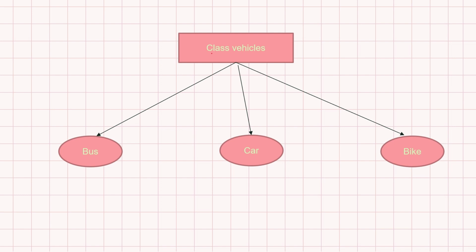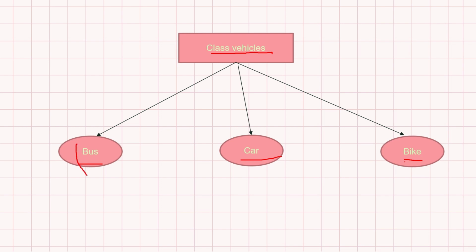For example, we have a class named vehicle. Obviously we have multiple types of vehicle: we have bus, car, and bike. These three classes carry similarities, the same properties, as they are all vehicles. When we talk about a vehicle, the first question that arises is how much fuel capacity it has.